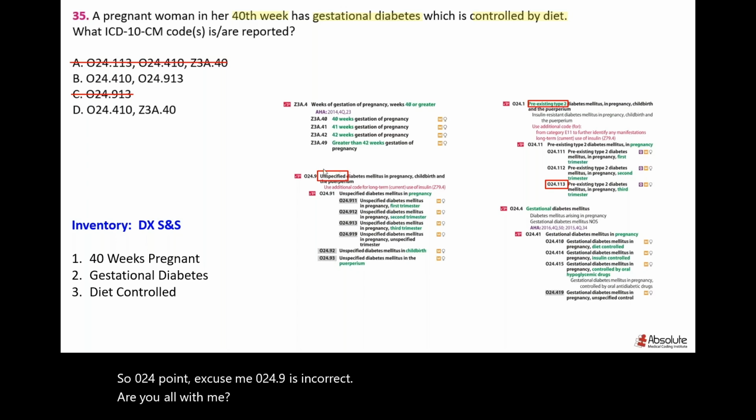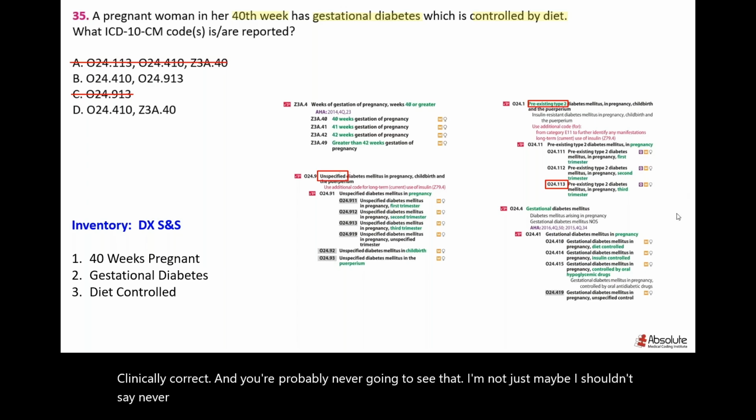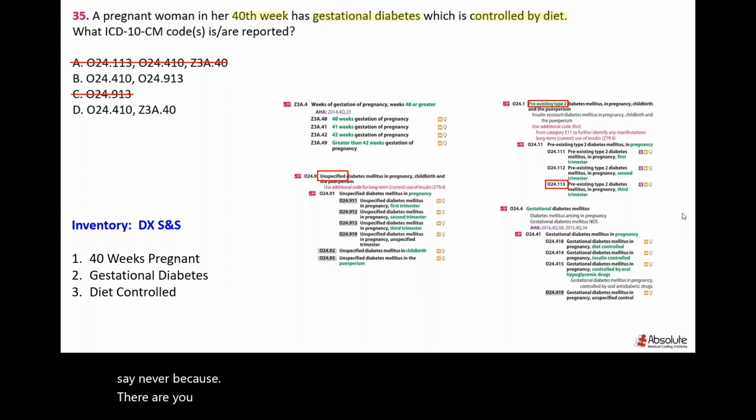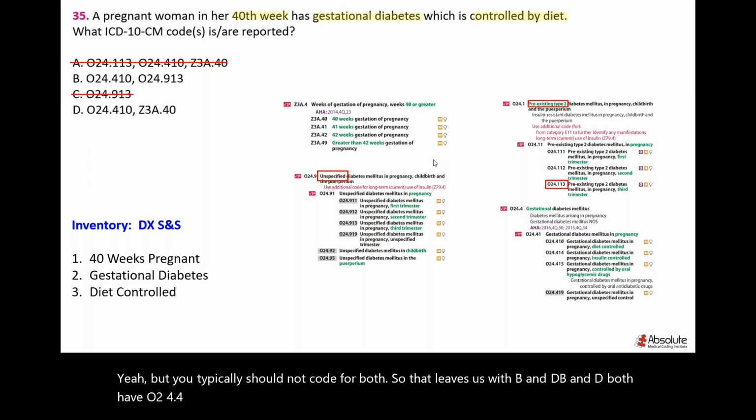When somebody also points out that A is coding for both pre-existing and gestational diabetes, that is not clinically correct, and you're probably never going to see that. Maybe I shouldn't say never, because everyone's different, right? But you typically should not code for both. So that leaves us with B and D. B and D both have O24.410, so we know that's correct on sight, the code for gestational diabetes.